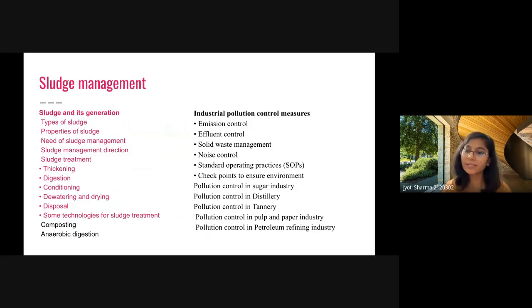We will try to cover that in the next session, because from the starting only we can start this, because in the next session also sir will cover industrial pollution as well. Okay, so the only remaining part is composting and anaerobic digestion. Let's cover it in 4 minutes, and then we will have the dinner time, right?